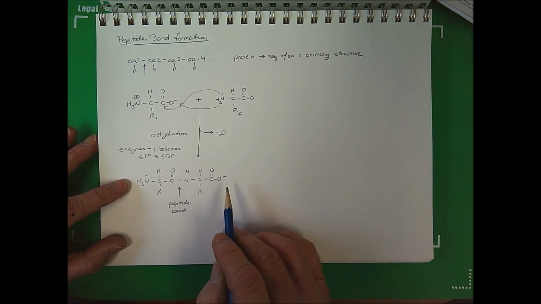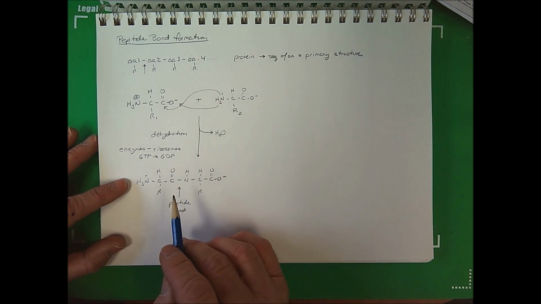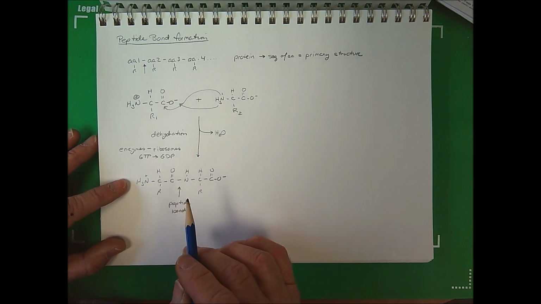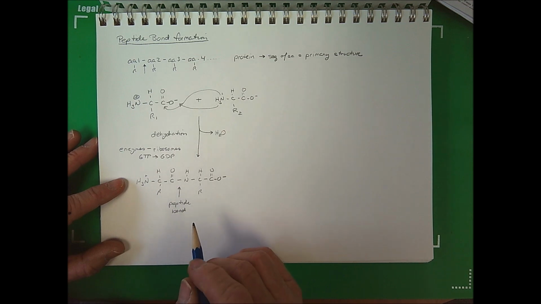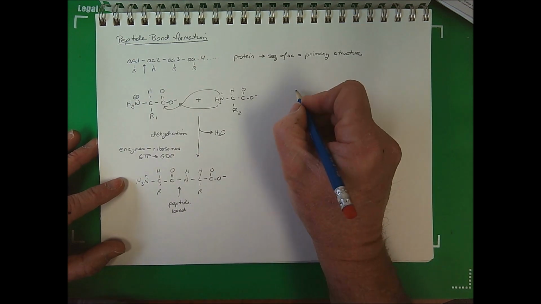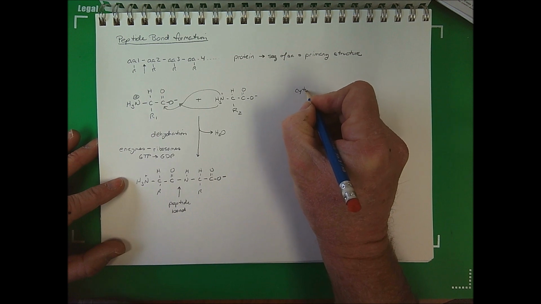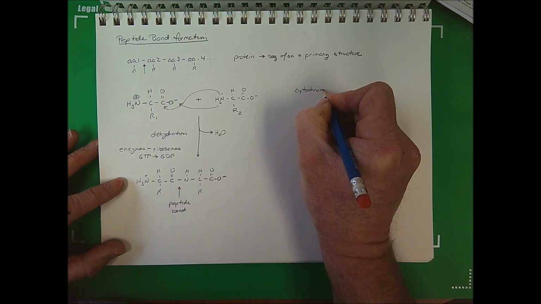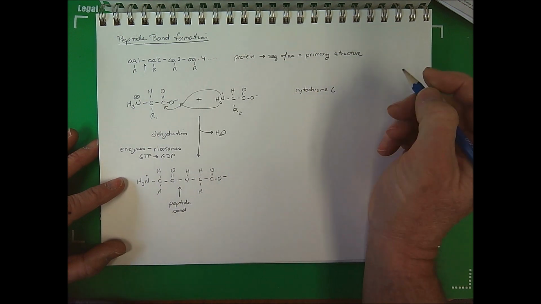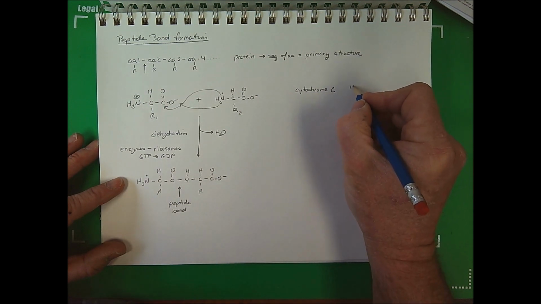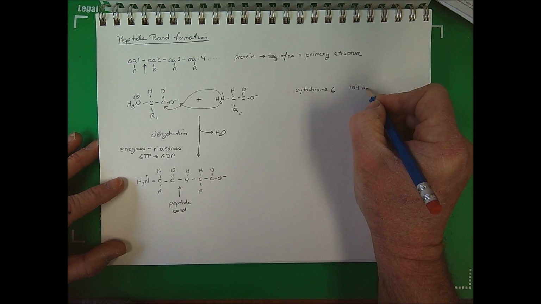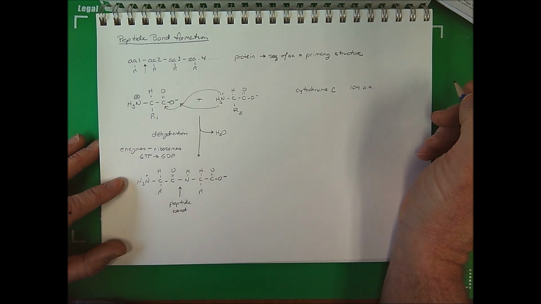Now, amino acids come together to form proteins, and these proteins can form very small or very large structures. For example, we'll talk about one particular protein in energy production called cytochrome C. This has 104 amino acids.